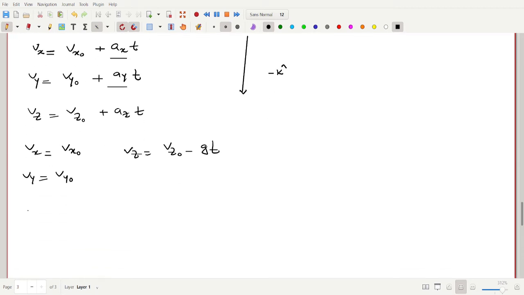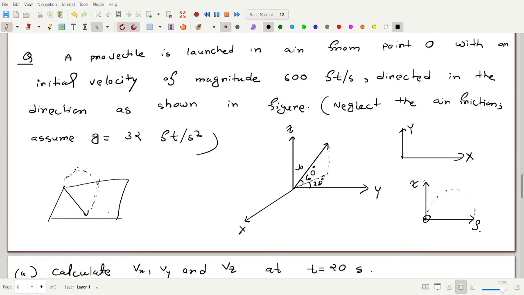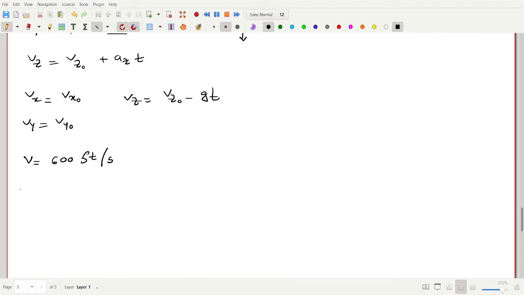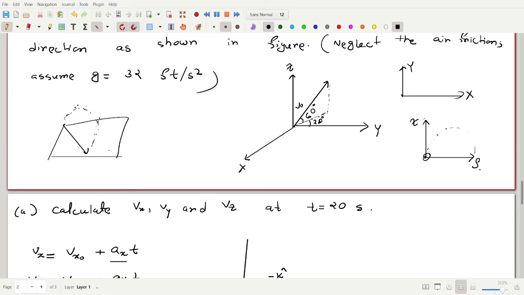How can we calculate that? We have been given V equals 600 feet per second, I think. Yes, it is. And theta equals 60 degrees with the z axis. I think all of you remember from your vectors lecture that the projection of a 3D vector on the xy plane and the z axis are perpendicular to each other.